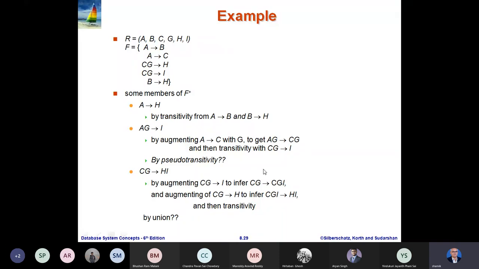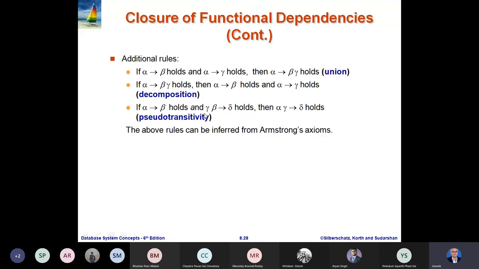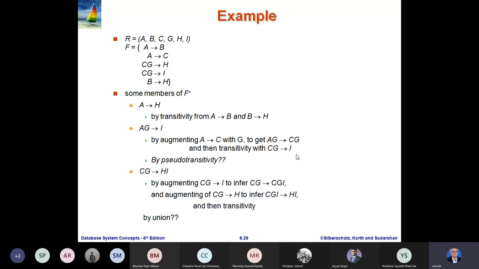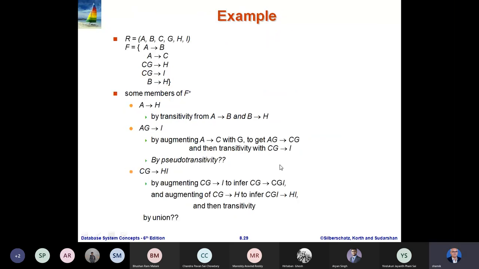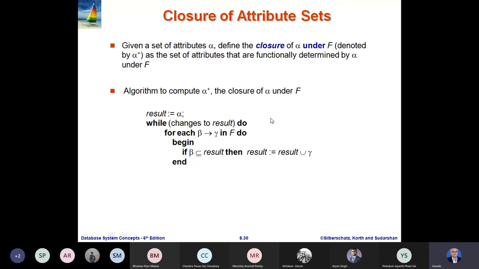Because these rules can be inferred from Armstrong's axioms, only applying Armstrong's axioms might take more steps, and you might instead apply these quickly, because they are derived from Armstrong's axioms, so that you can get some members of F plus.